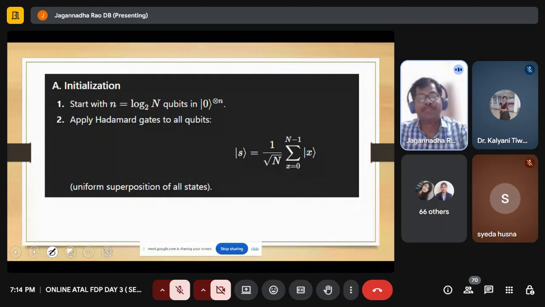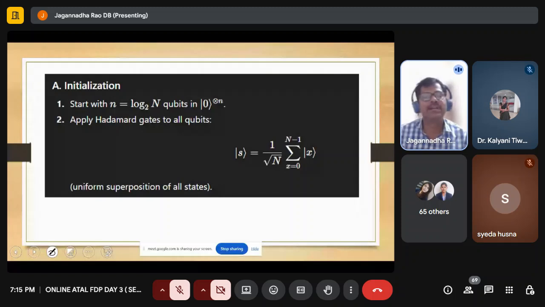in ket 0. Apply Hadamard gates to all qubits, giving a uniform superposition of all states. In binary search, in general, if it is sorted elements, by halving like this you can easily search the element.